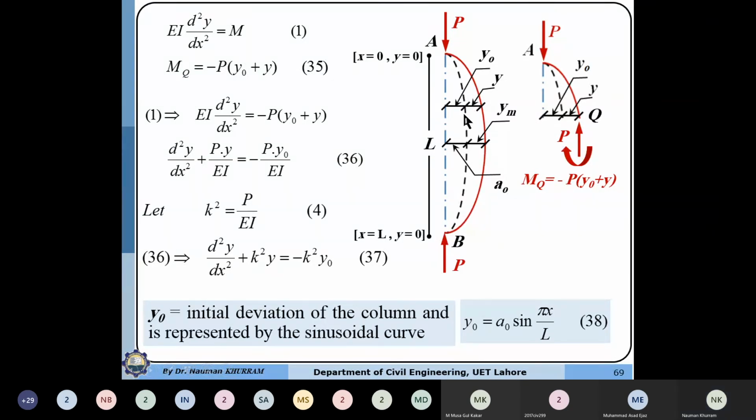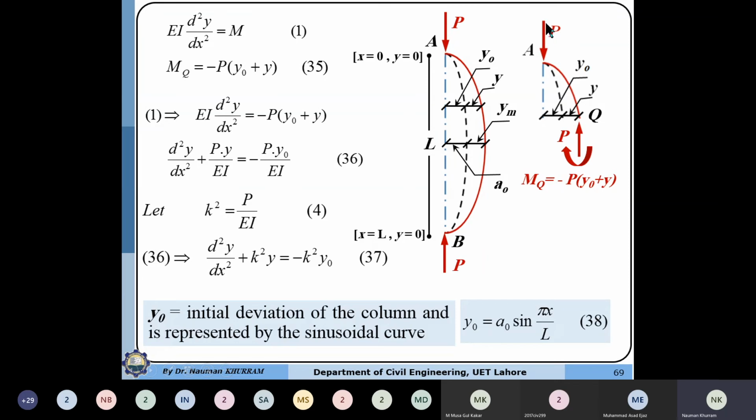At any load value P, if I cut this section here, the total deflection from the theoretical center line to the deformed shape will be Y plus Y naught. Y naught is the initial imperfection at this point Q due to the maximum imperfection in the center, and Y is the extra deformation produced in the lateral direction due to the applied load P.